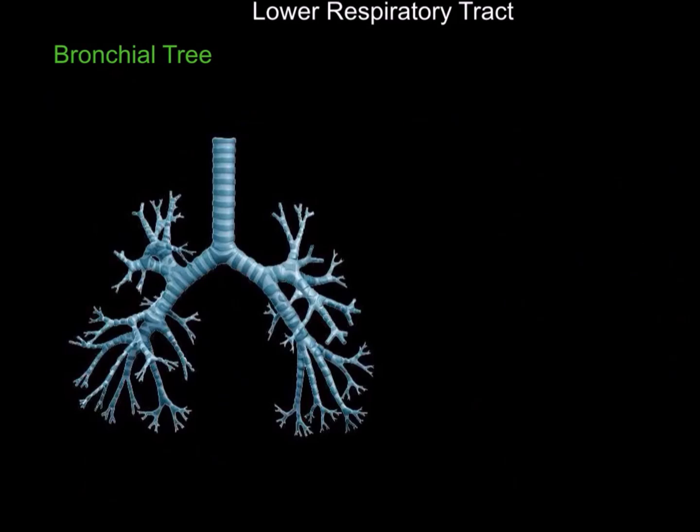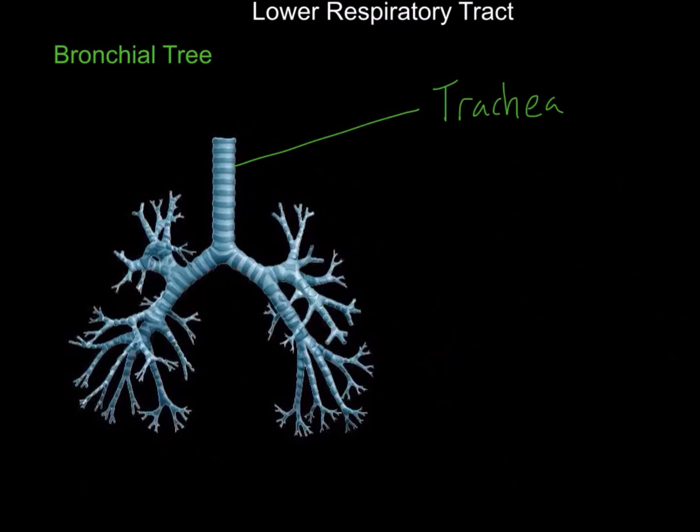After the larynx, the next structures of the lower respiratory tract are the bronchial tree. And the bronchial tree includes the trachea, the bronchi, the divisions of the bronchi, ending in the bronchioles. The first structure of the bronchial tree is the trachea.